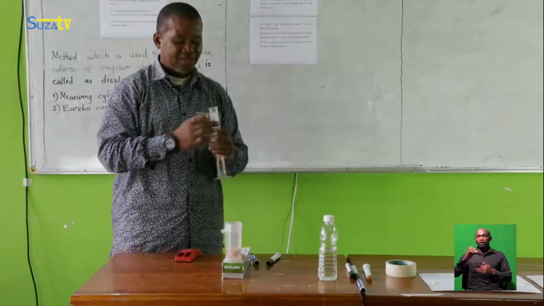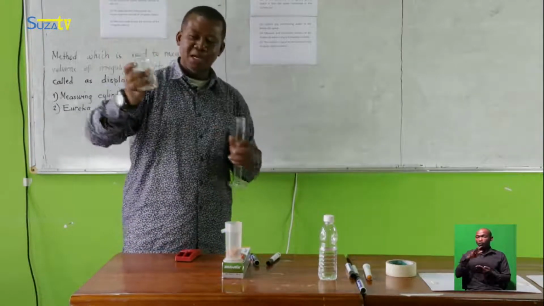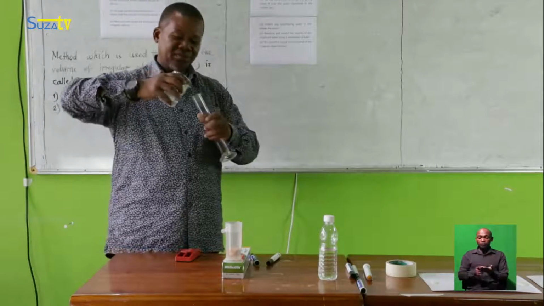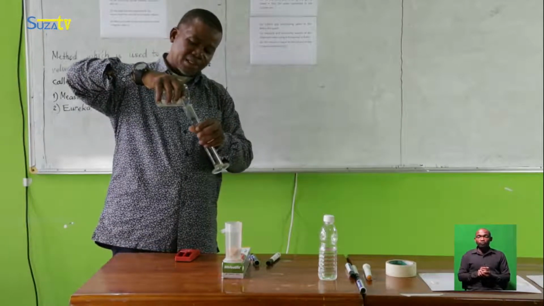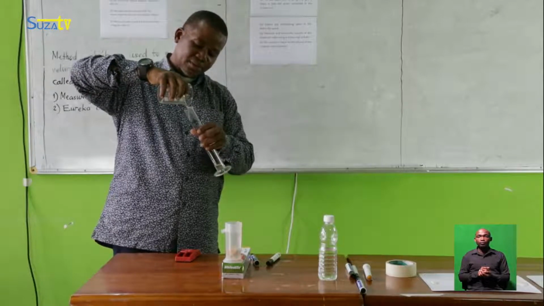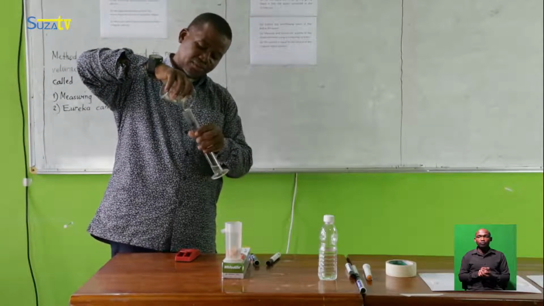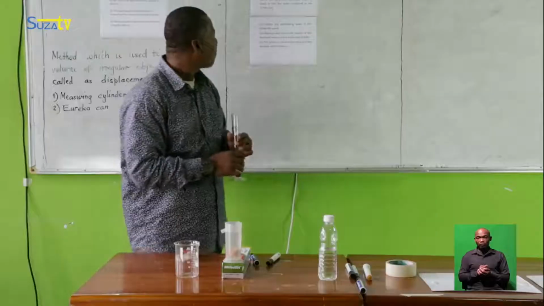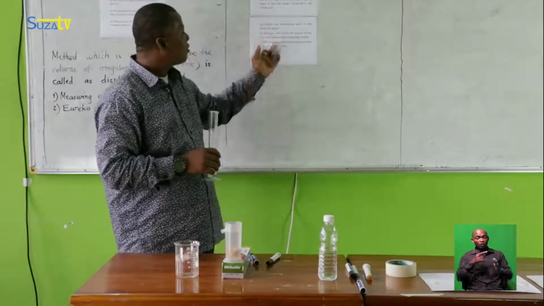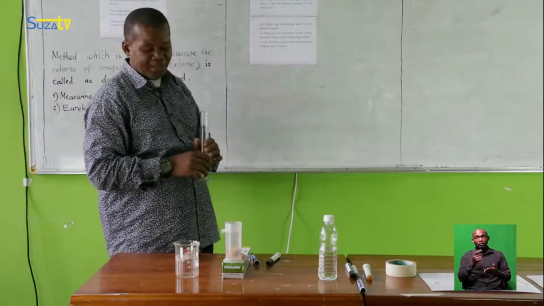Now, the collected water in the beaker is poured inside the measuring cylinder like this one, until the last drop. Then after that, we have to record the volume of the displaced water.